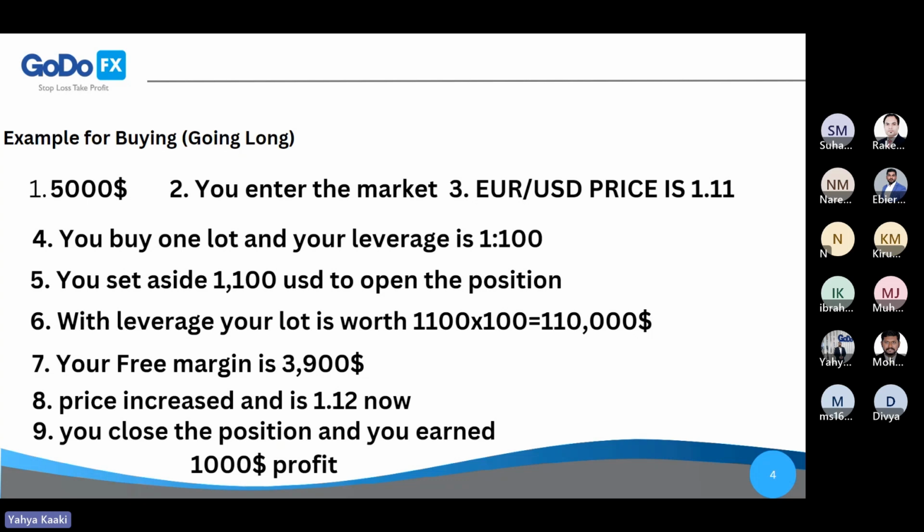How much is my free margin? Sorry, it's 2,800. 4,000 minus 1,200. I consume this from the account. Now, since we provide leverage and everyone provides leverage, your lot is worth 1,200 times 100, $120,000.